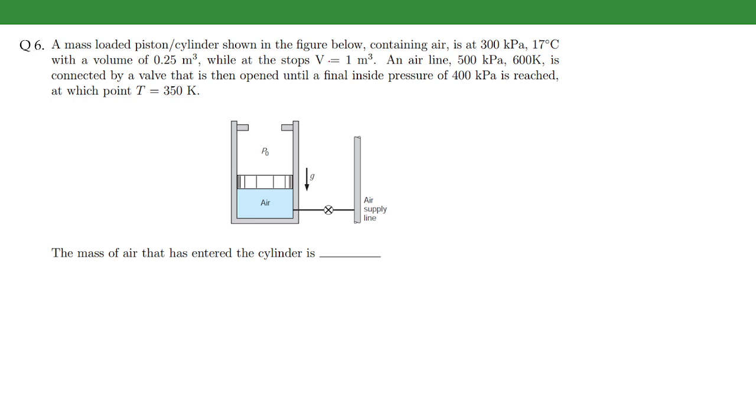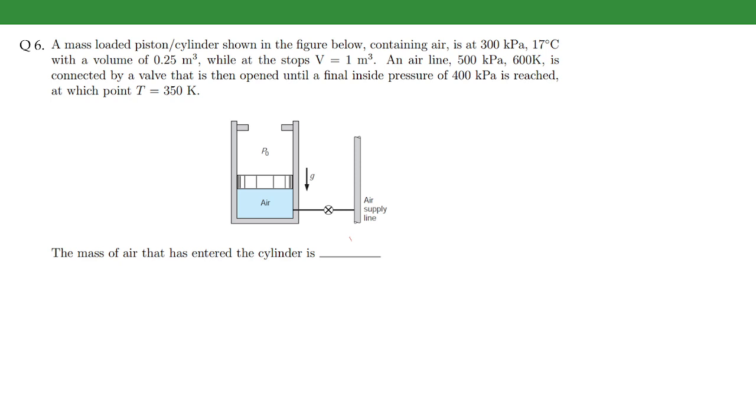While at the stop, so these are the stops. When the piston moves to this point, because of the supply of air into it, the volume is 1 meter cube. An air line of 500 kilopascal and 600 Kelvin is connected by a valve that is then opened until a final inside pressure of 400 kilopascal is reached, at which point the temperature is 350 Kelvin.